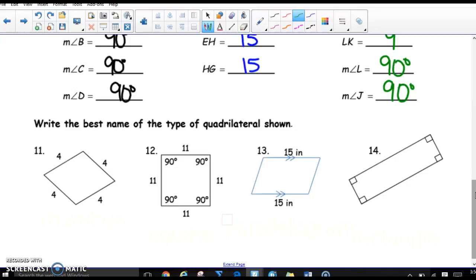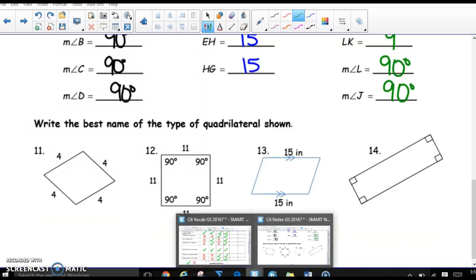Write the best name of the type of quadrilateral shown. Here's what typically happens in these problems: I see people make assumptions. A lot of people would tell me that the best answer for 11 is a square. But in order to have a square, you have to know that all sides are congruent, and you need to know some other information. For instance, maybe you have a right angle.